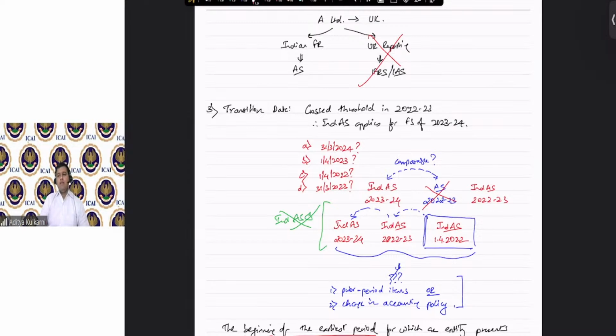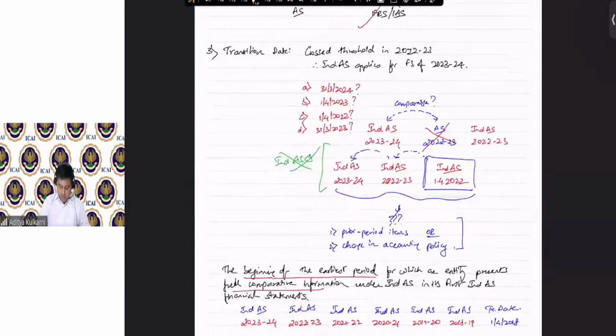We also saw that on the date of transition, you will be having three balance sheets: current year, comparatives, as well as the balance sheet as on the beginning of the earliest reported period. So if I'm preparing a comparative for the previous year, the balance sheet as on the first day of the previous year also will be required to be presented.